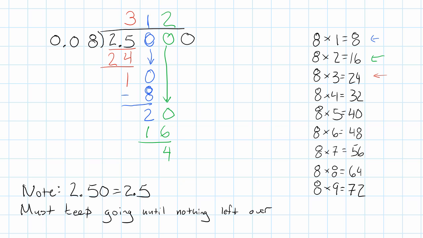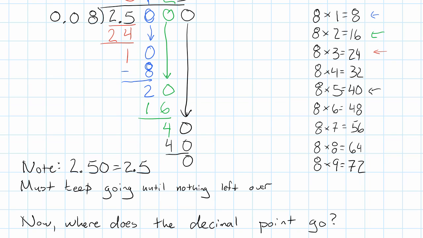One more 0. 8 goes into 40 5 times. Nothing left. Okay. So our answer is going to be 3125 with a decimal point somewhere.